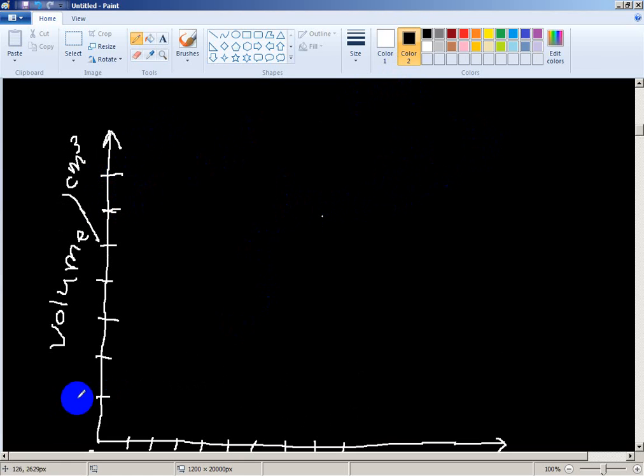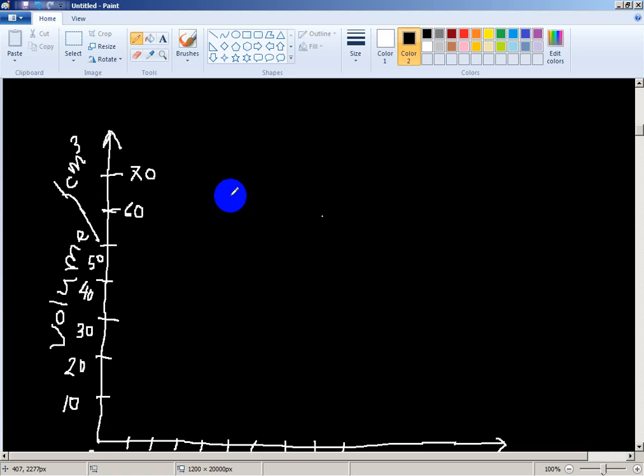Okay, this is 10 cubic centimeter volume, then 20, 30, 40, 50, 60, and 70.